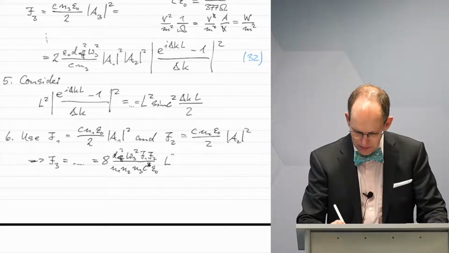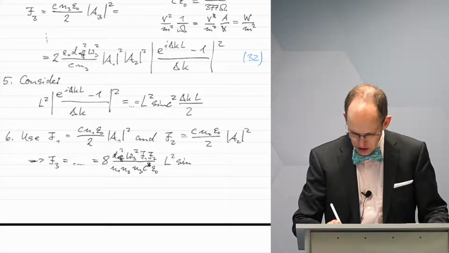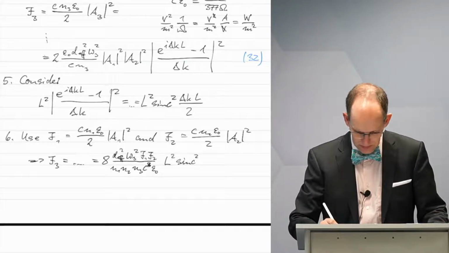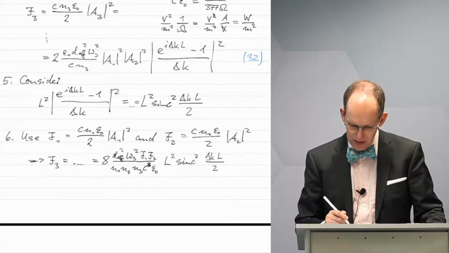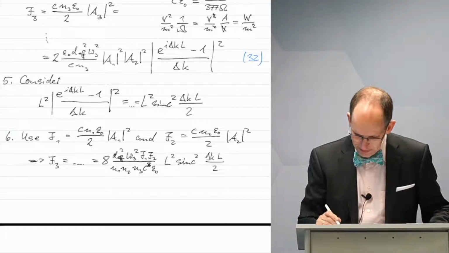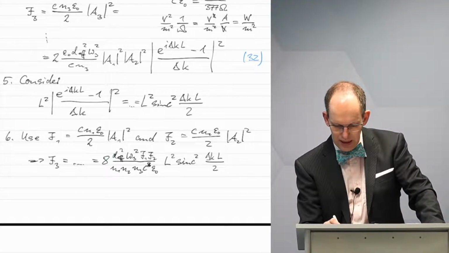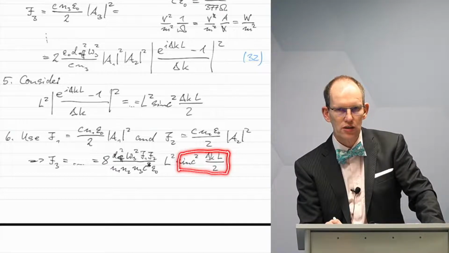Then the length of the crystal, L squared, and here the sinc function of delta k times L divided by 2. Once again, if we would have perfect phase matching, this sinc function would converge just to 1.